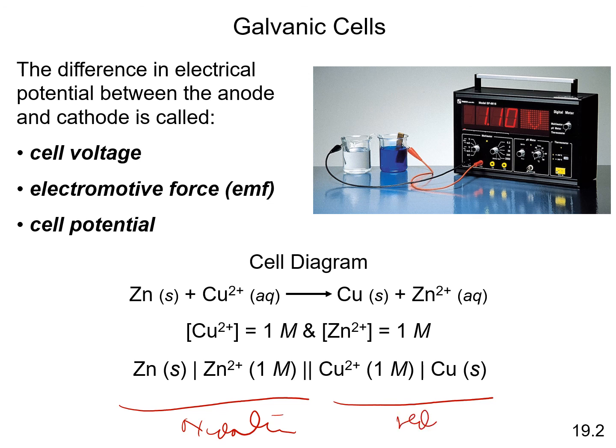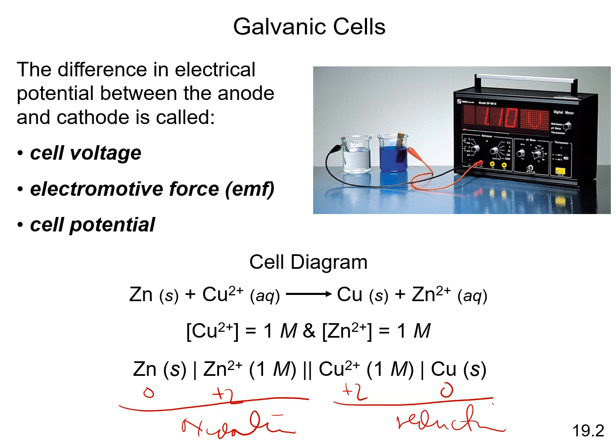The right one is reduction. So if you look at its oxidation, from zinc 0, it becomes +2. And on the right side, it's reduction from +2 to 0. So we also indicate if it's an ion that's dissolved in solution, so the concentration is indicated. So there is 1 molar concentration. And then the state is also indicated if it's a solid.